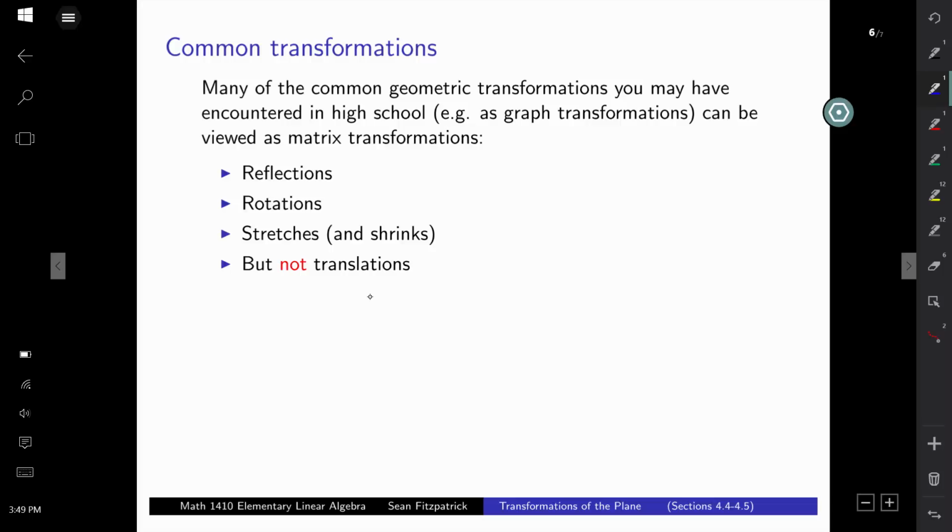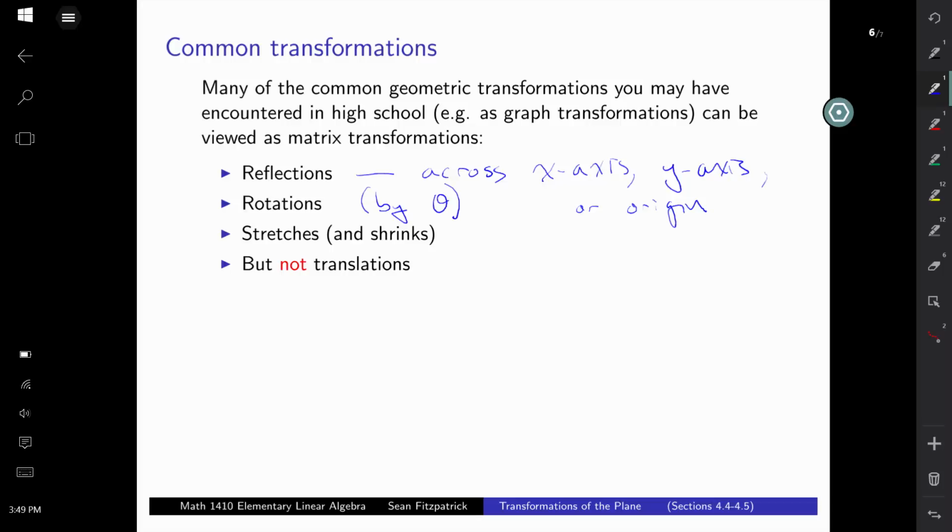So for reflections, we can think about ones that go across the x-axis, across the y-axis, or even across the origin. Rotation by some angle, say theta, stretches, shrinks. There are a number of transformations that you can do.